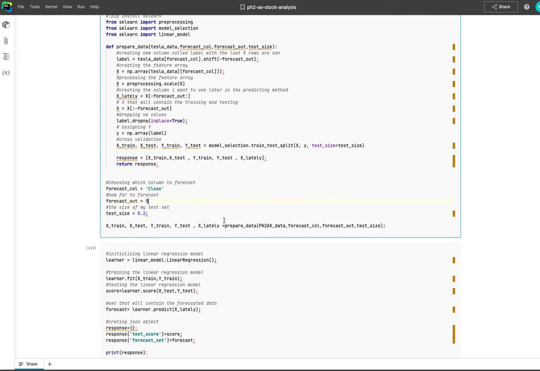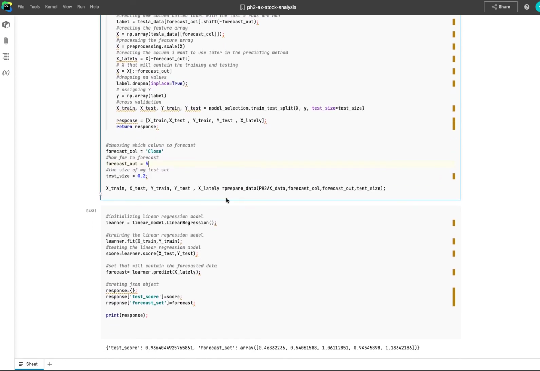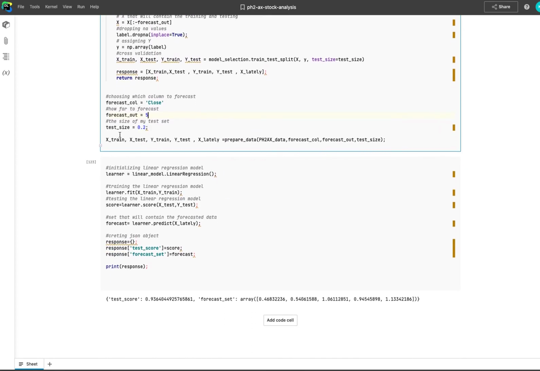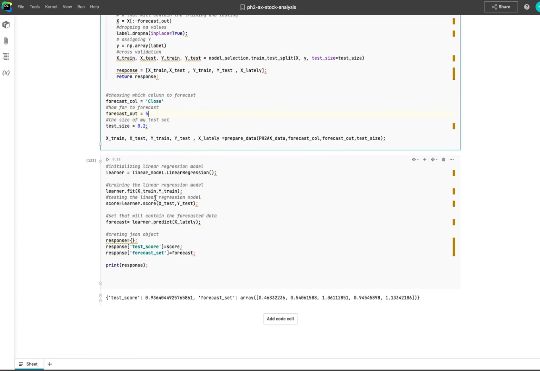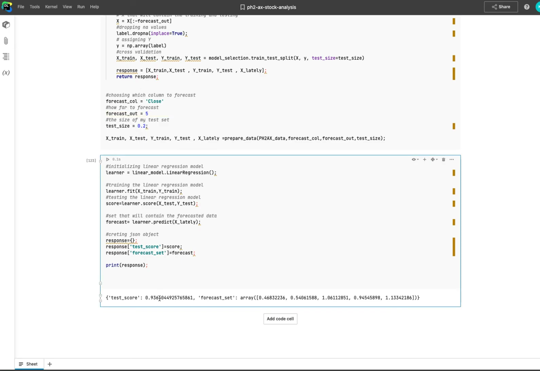So X train, Y train, and prepare it, and then divide it into X train, Y train. And with the linear regression, we went ahead and trained it with the X train and Y train, and it brought a score of 0.93% accuracy, and forecasts to be somewhere around here, which is pretty cool.